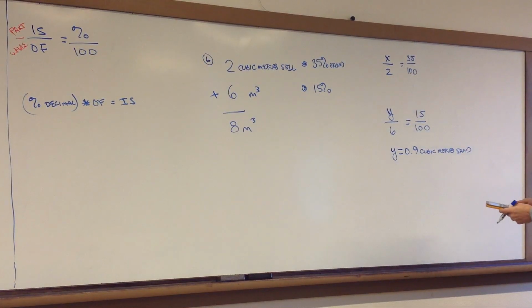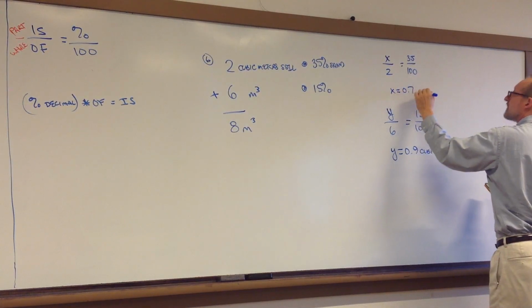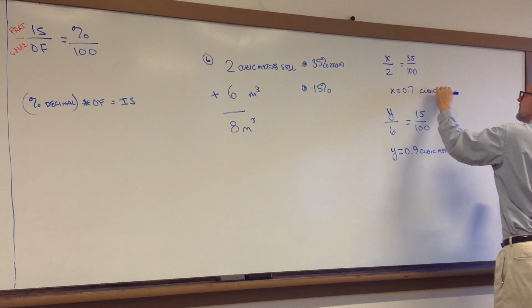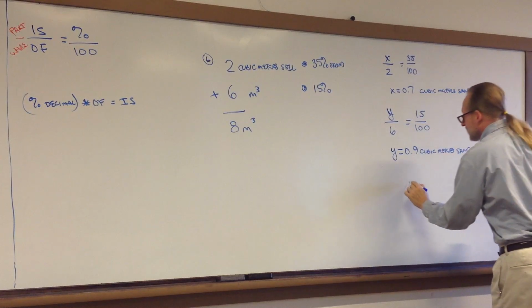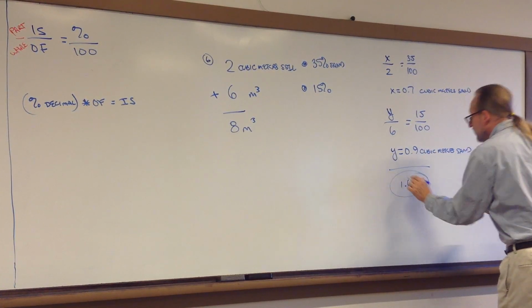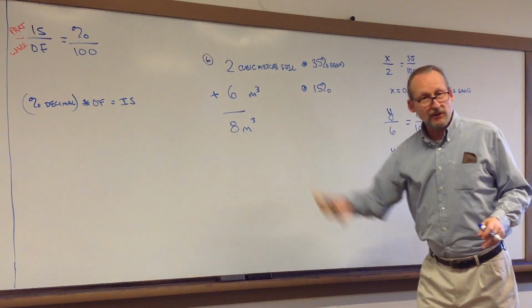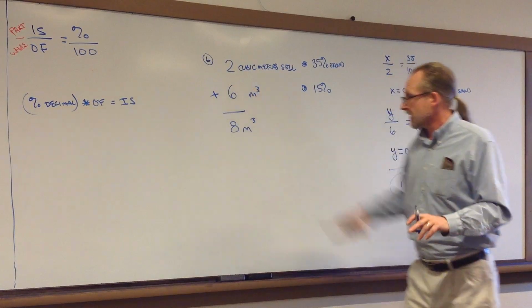And in this one, we do 2 times 35 divided by 100, and this one would be 0.7 cubic meters of sand. And so the total amount of sand then is going to be 1.6 cubic meters out of the 8 cubic meters that we now have, adding the 2 and the 6 together.